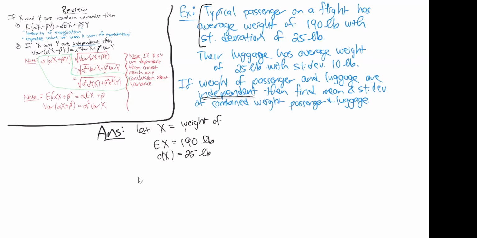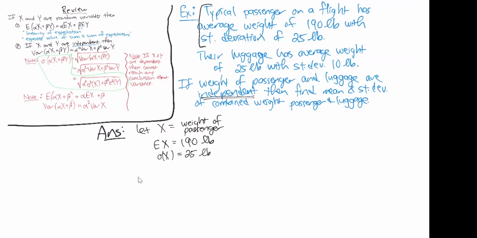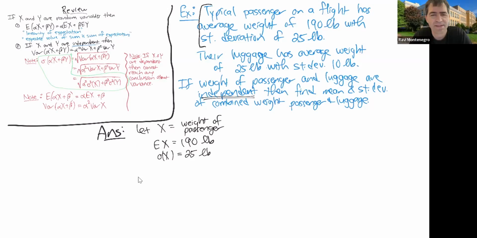A typical flight has a couple hundred passengers, and that's what makes this a random variable, because when the person shows up, we don't know what their actual weight will be ahead of time.